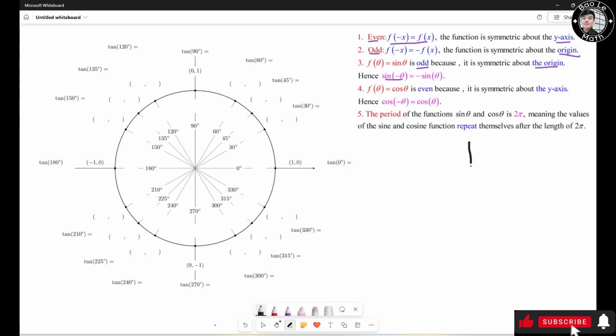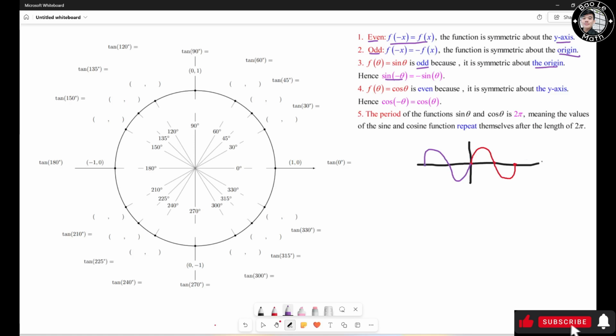Remember that the sine function looks like this. It starts from the origin, goes up to the maximum, goes back to the midline, goes down to the minimum, and goes back to the midline. Now the sine function reflects over the origin, so it's going to be like this.